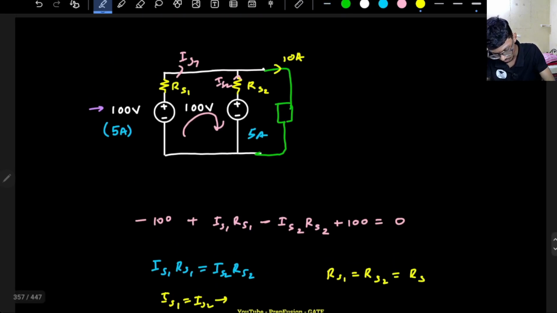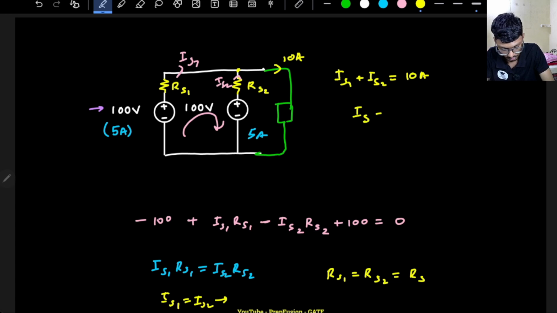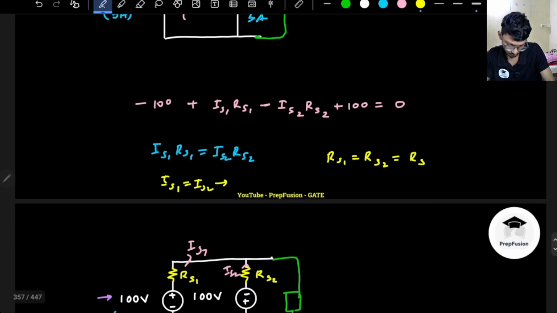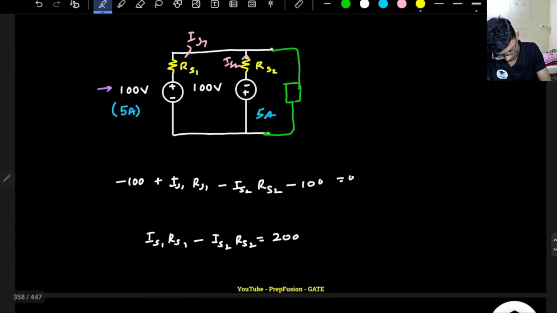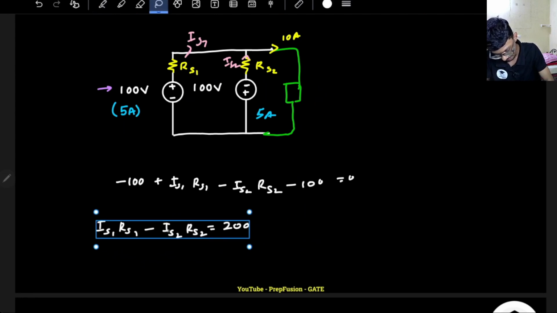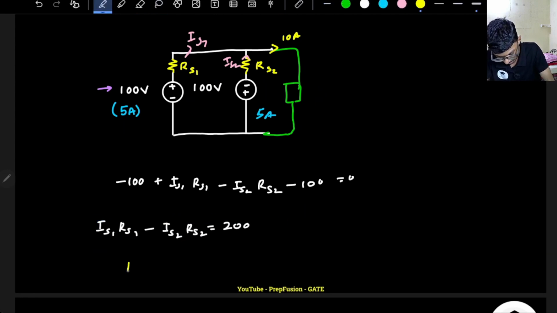If I apply KCL at this node, IS1 plus IS2 will be equal to 10 amperes. So IS1 and IS2 are equal, so IS will be 5 amperes. Now here again they need to add up to 10 amperes, and let's assume that RS1 and RS2 are the same. So it is basically RS into IS1 minus IS2 equals 200.